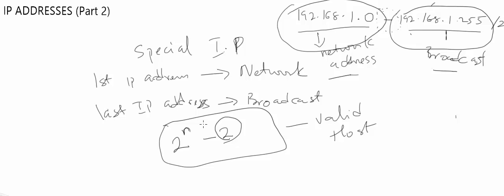We talked about binary in the first part of this series, then IP address part one, then this IP address part two that we're rounding up now. Basically, I think I've covered IP addresses, at least in layman terms. Rounding up, special IP addresses: you don't assign a network address and a broadcast address to hosts on your network.